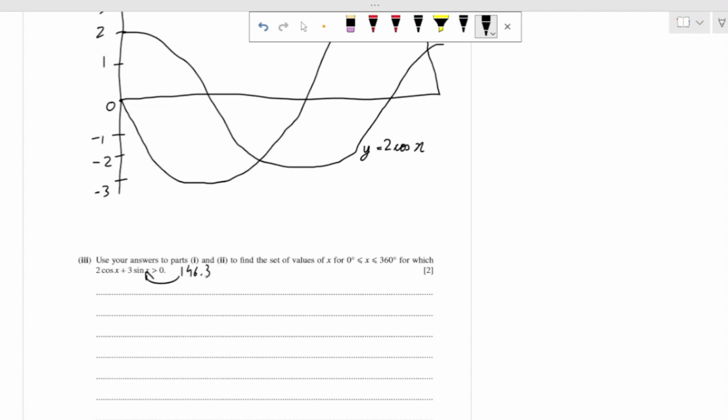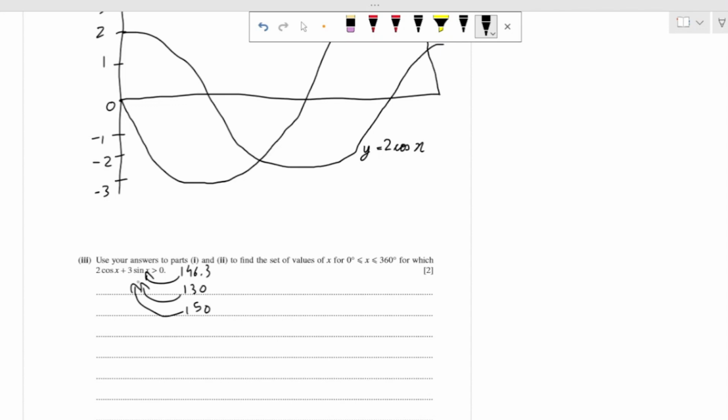Now, instead of using 146.3, substitute some value that is smaller than 146, like 130. When you substitute that, the answer you get would be positive. Now, if you substitute a value higher than 146, like 150, you would get a negative answer.